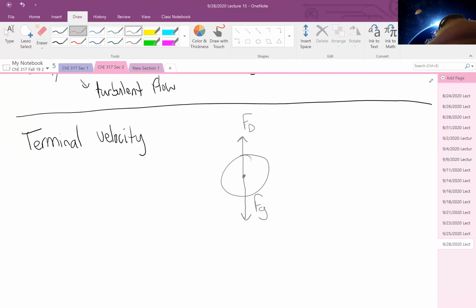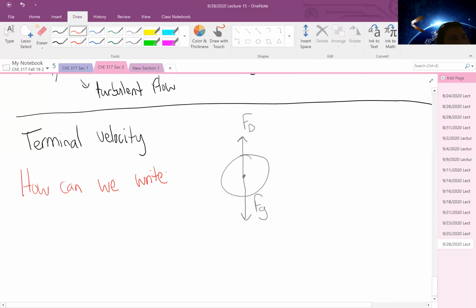So the question then becomes, how can we write a momentum balance on this particle, or on this object falling due to gravity?